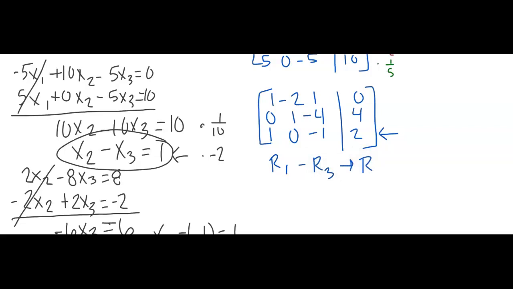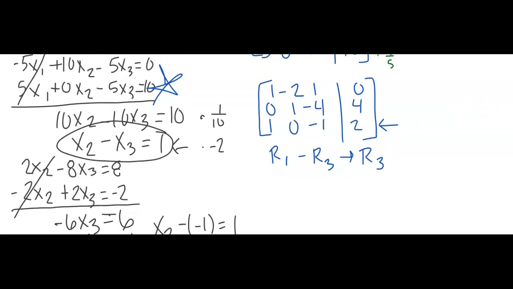And I'm going to put that back into row 3. It's very similar to this step here, in which we're doing an elimination step, if you will, and you'll see that my x1 here ends up going away.